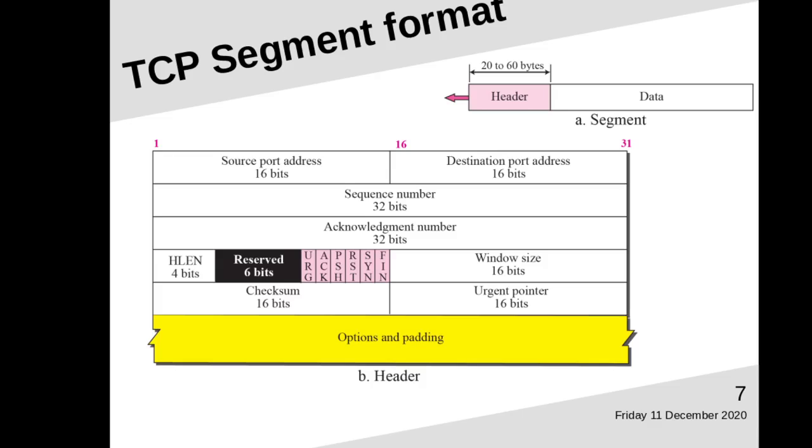Suppose we are sending this packet with some number, and when we need an acknowledgement from there, we want this acknowledgement number with that.